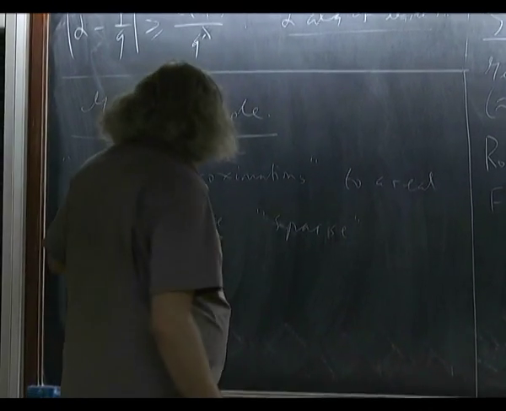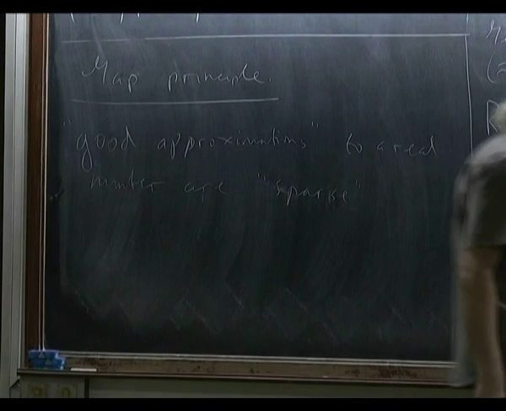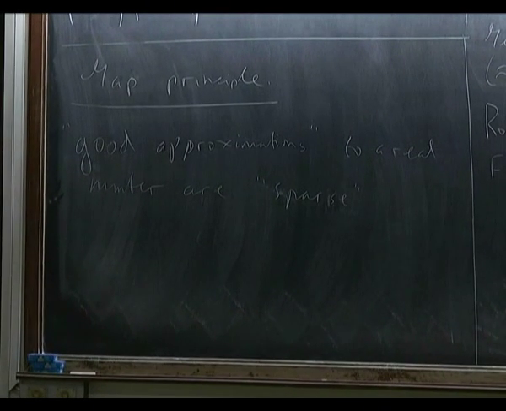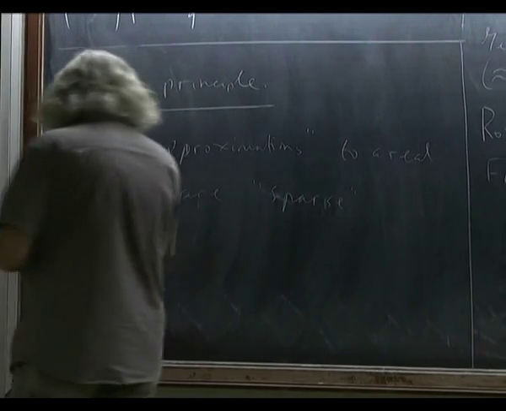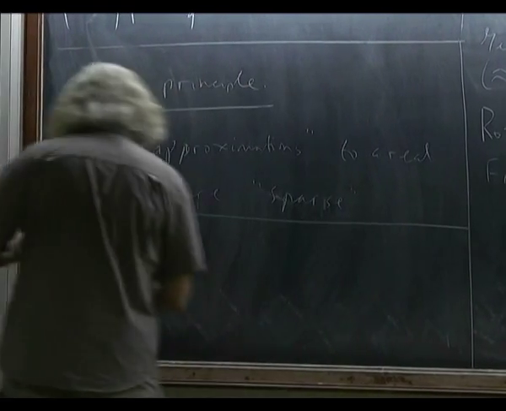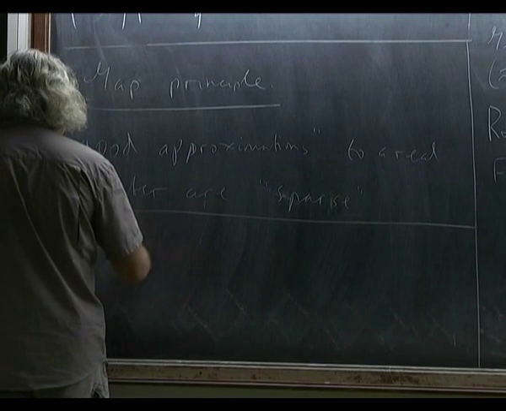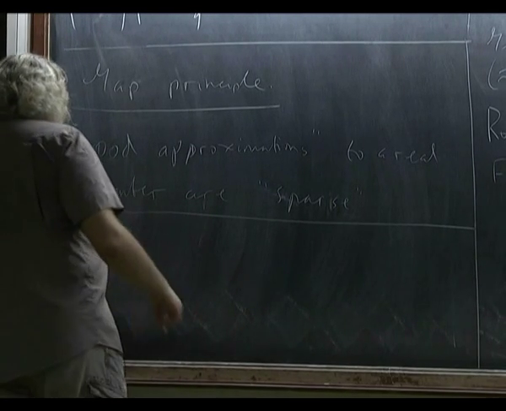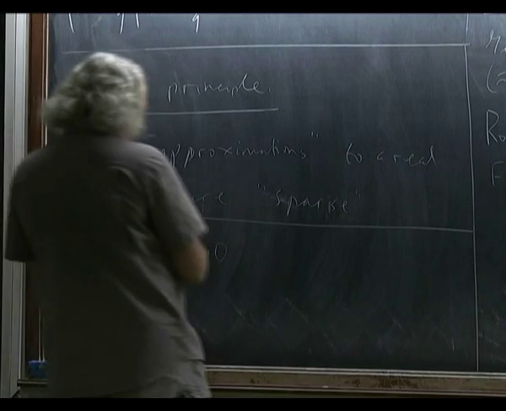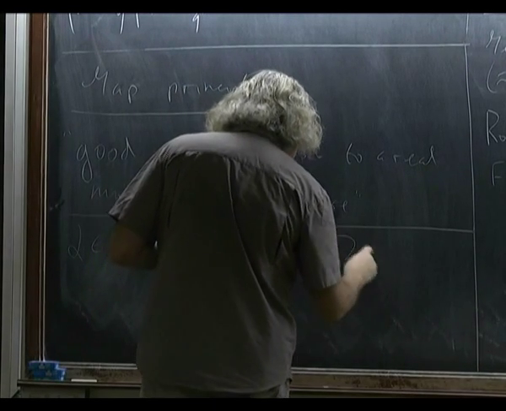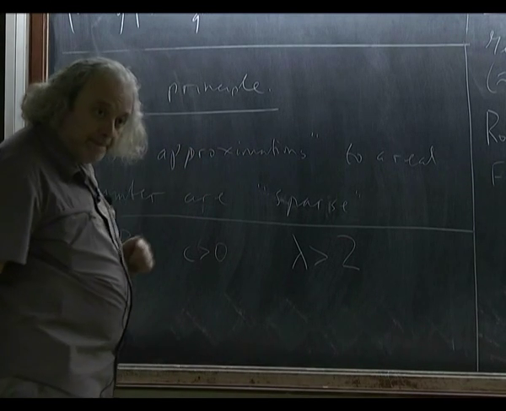But now let's just see how it looks in the pure case. So let's forget about algebraic numbers. So let again alpha be a real number. Now let C be a positive number, and let lambda be a number bigger than 2. Good?